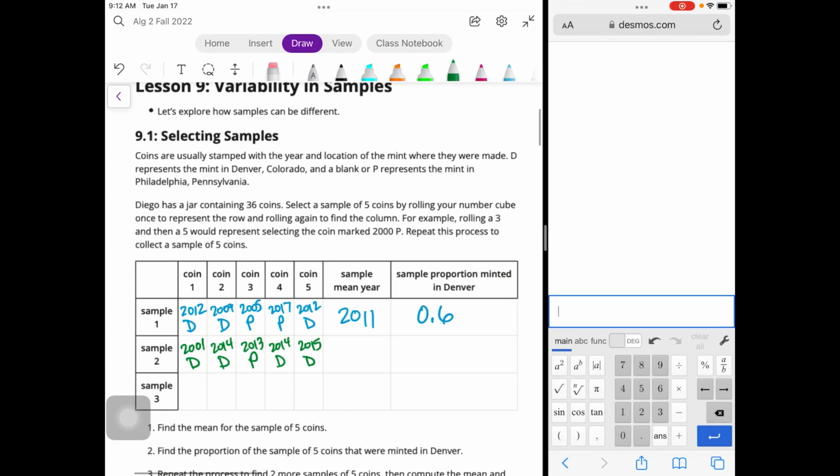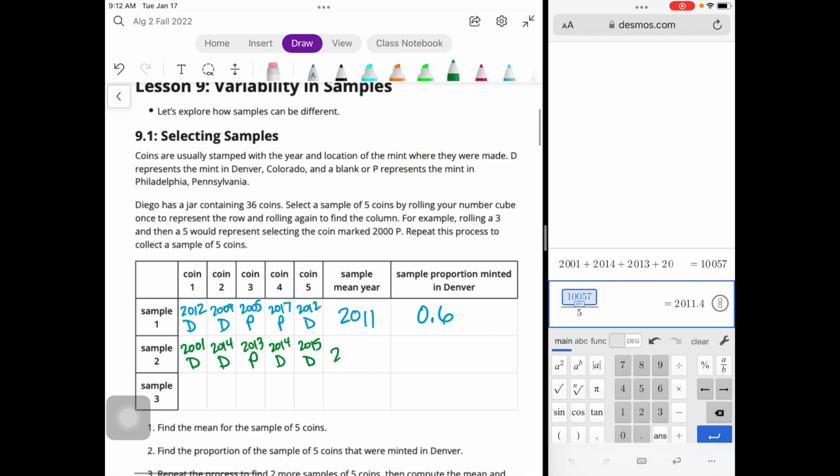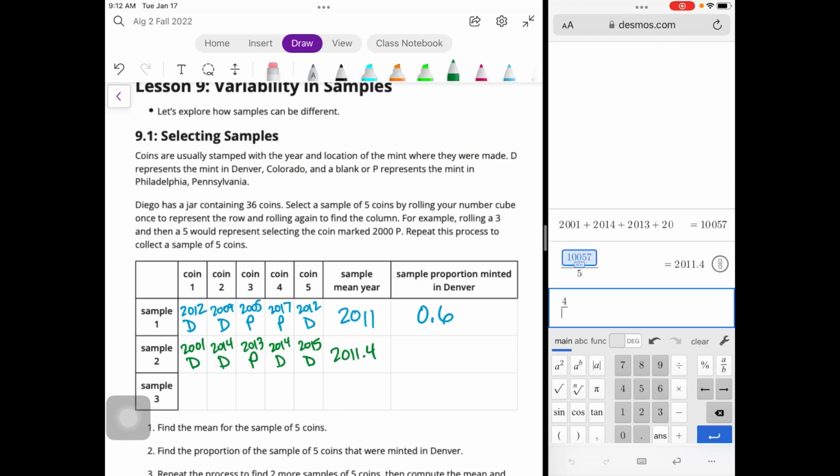So then we're going to do 2001 plus 2014 plus 2013 plus 2014 again, plus 2015, and then we're going to divide that answer by 5. So we get 2011.4, and then this time we had 4 out of the 5 were in Denver. So that was 80%.